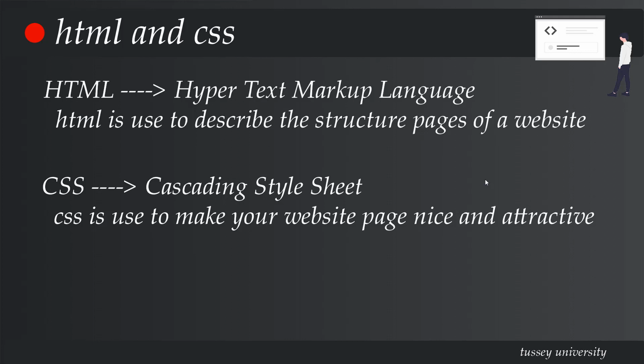It's not beautified. Nothing is added to it. You don't see it so nice. It's just as raw as you have it. And we will talk about that. You get to know the difference. Then CSS is cascading style sheet. CSS is used to make your website page nice and attractive.